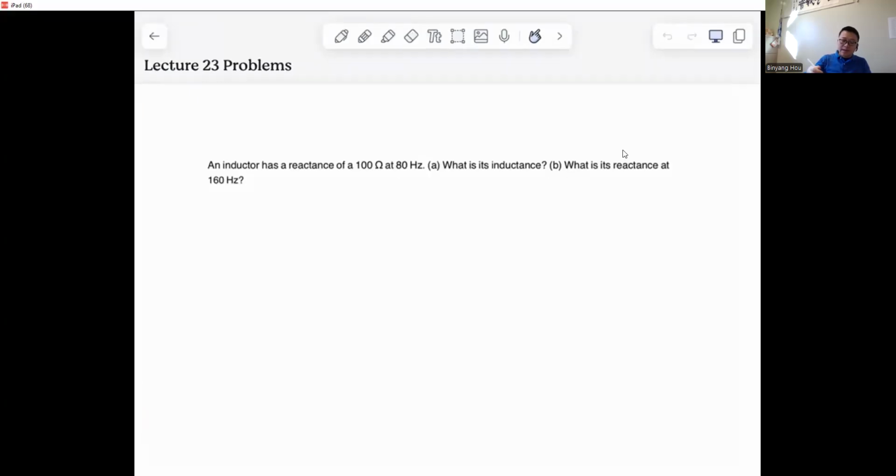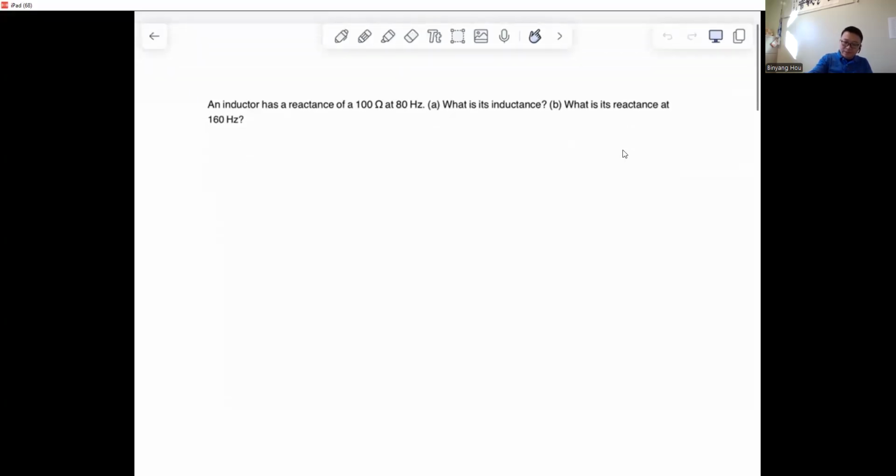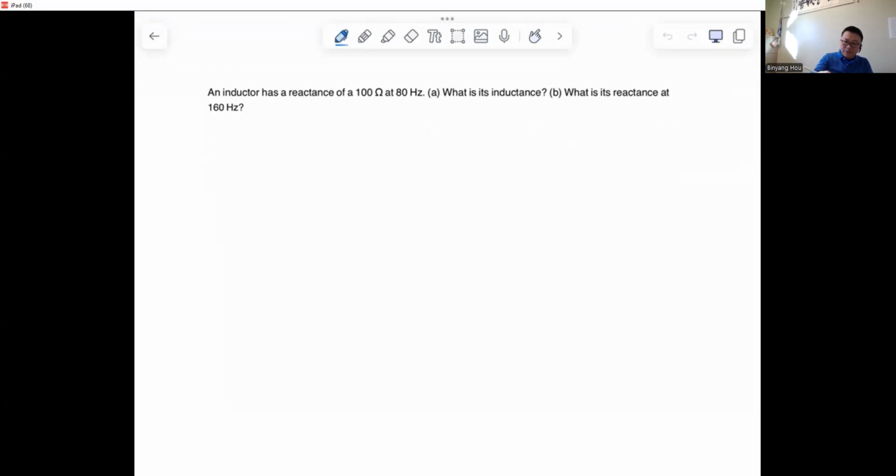We just learned that for inductive reactance, XL is 2 pi F times L. It gives us XL and F, so we can calculate L based on this equation.